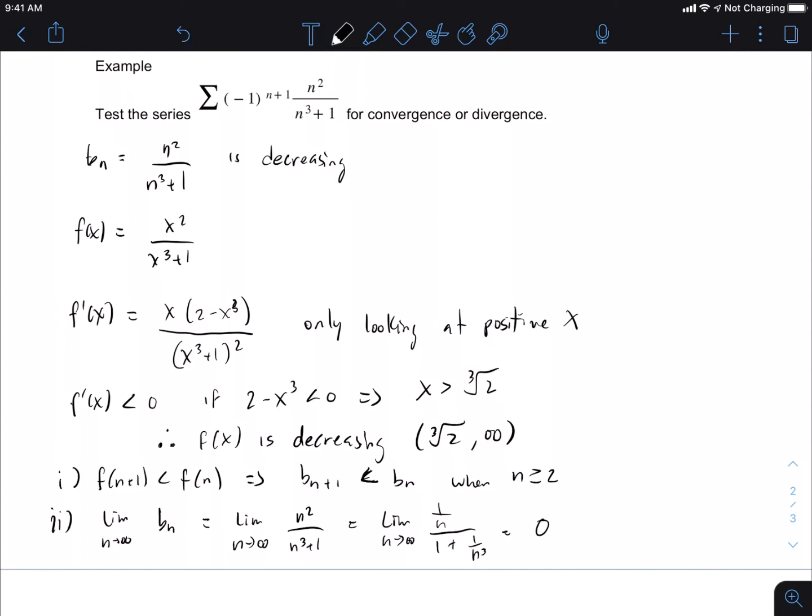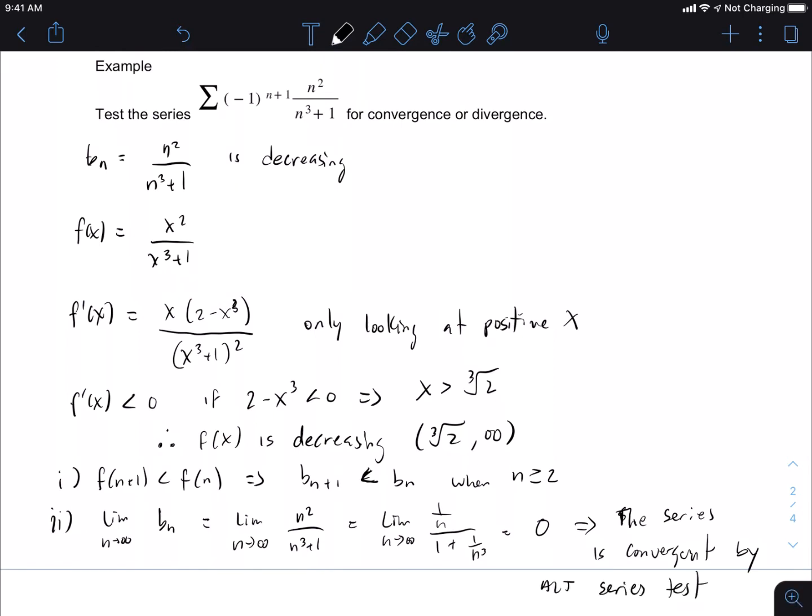The alternating series test told us that if b of n plus 1 was smaller than b of n, that checks, and if the limit of b of n was equal to 0, then we'd know we had a convergent series. So this implies that the series is convergent by the alternating series test.